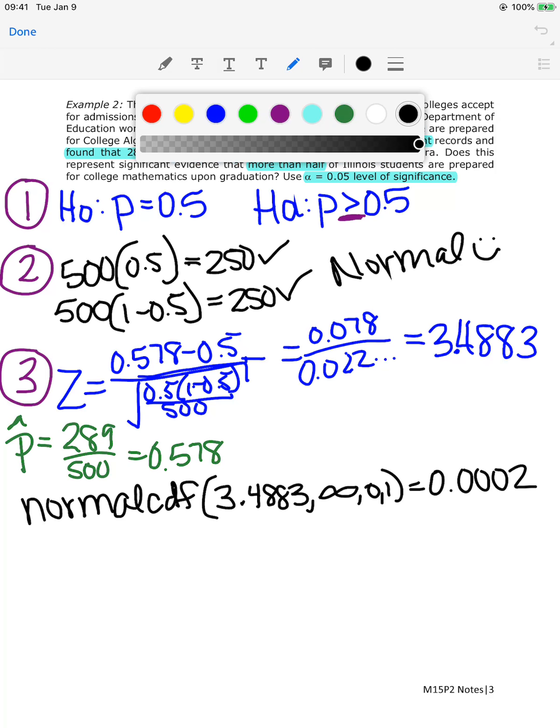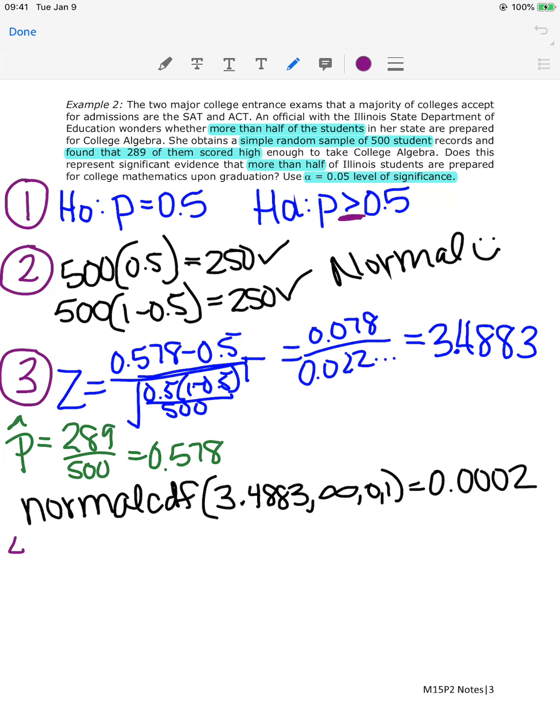So now we can go to step 4, and in step 4 we have to ask ourselves, is 0.0002 less than the value of alpha? And it's less than because we want to know, is our probability too small?